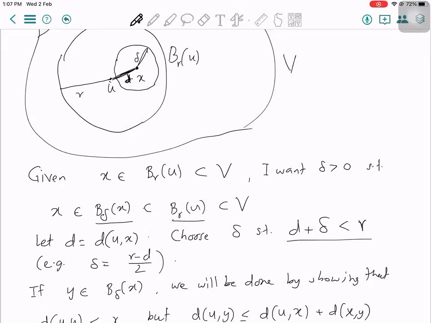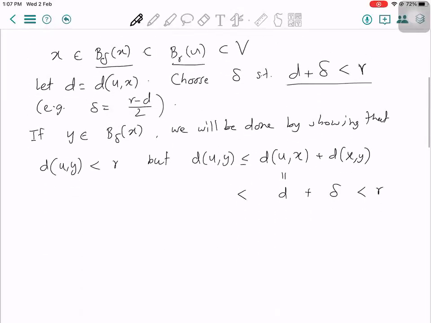So let me end by just stating some results, which you should do on your own. And this is where we will take it up next time. So theorem. Let X be a metric space.